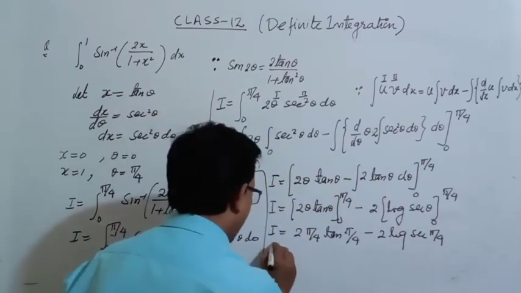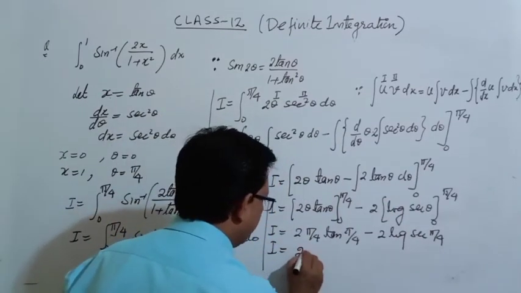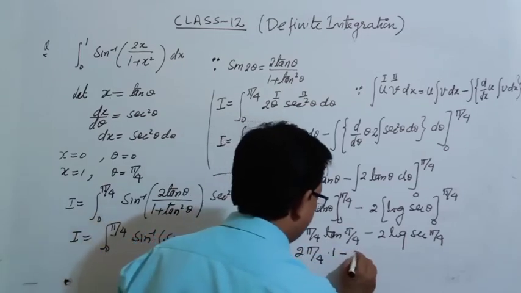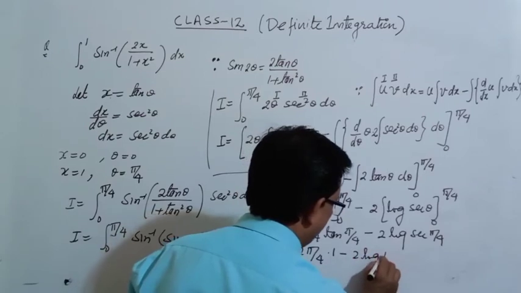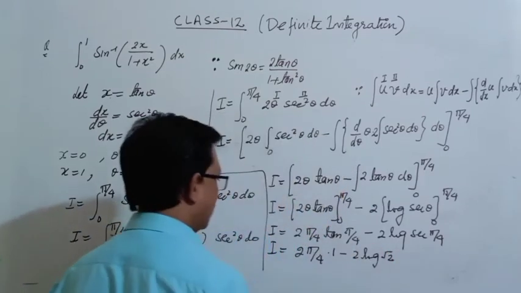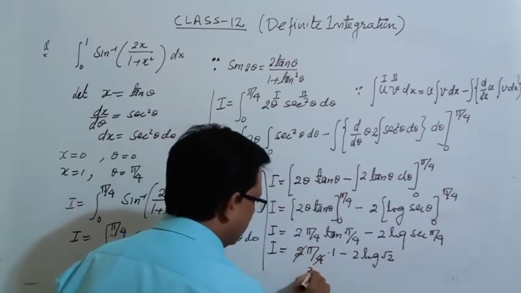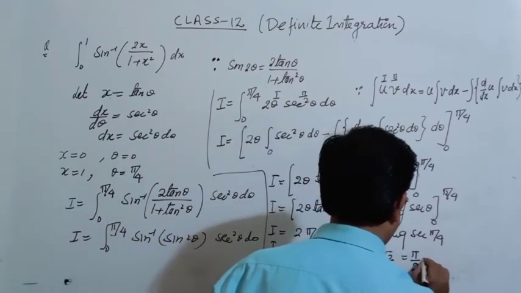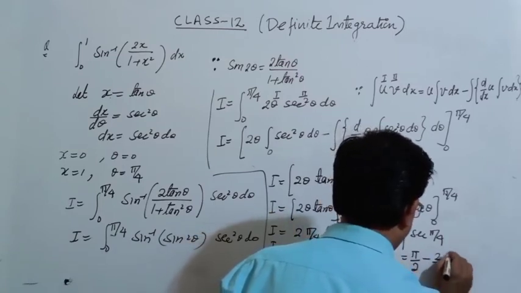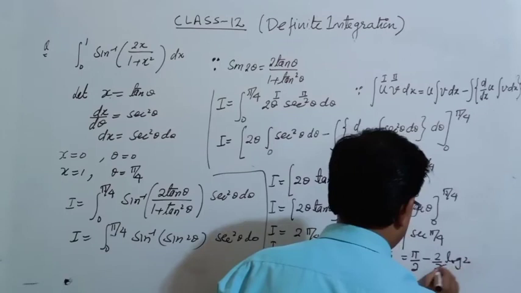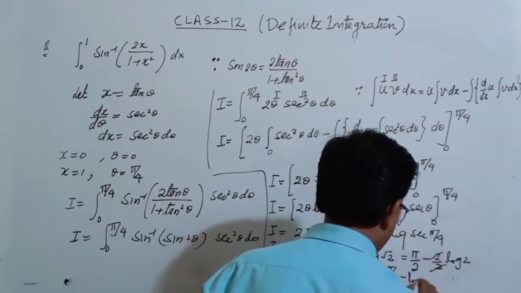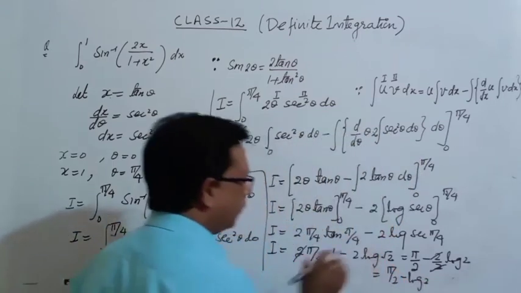Now I is equal to 2 pi by 4 into 1 minus 2 log root 2. So this is 2. So the final answer is pi by 2 minus 2 by 2 log 2. This cancels out, or pi by 2 minus log 2. This is your final answer.